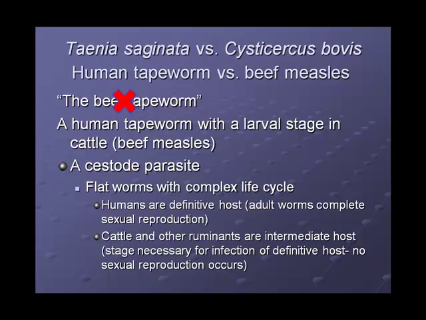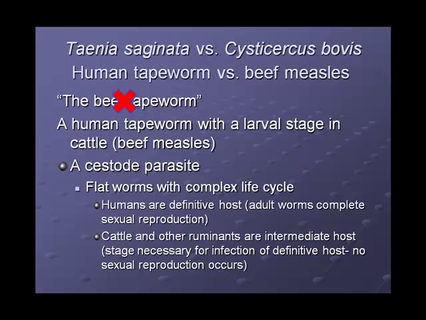Ultimately, it is a cestode parasite, which means nothing to most folks, but it simply reflects the fact that it's a flat worm, and you'll see some pictures of it later to understand that it's truly flat, and it has a complex life cycle. In that life cycle, humans are the definitive host, which means that is where sexual reproduction of this organism takes place, within the human host.